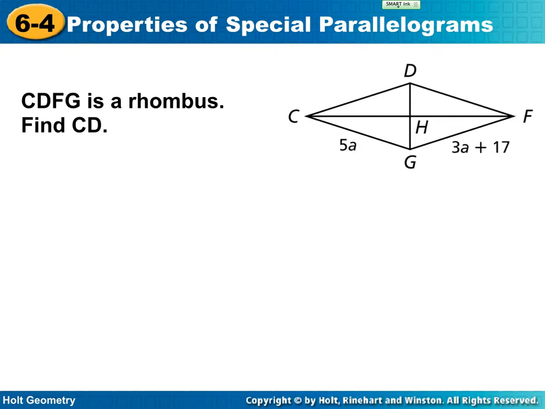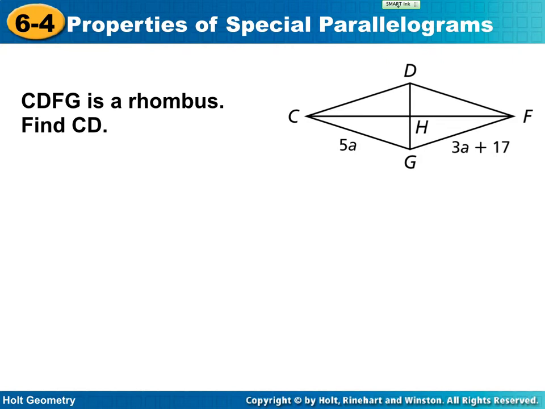No. Parallelograms don't have all sides congruent. Which figure is defined as a 4-sided figure with all sides congruent? A rhombus. So because it's a rhombus, you would know CD and CG are congruent, and GF, and FD. All those sides would be congruent.